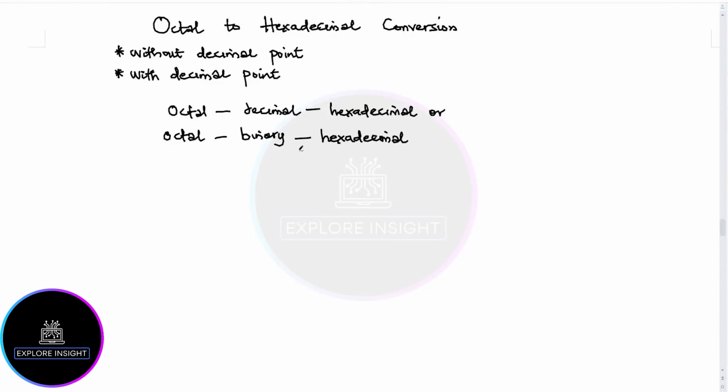Whichever method is okay. However, using the binary mediator is quite easier than considering that of the decimal as a mediator. So let's quickly start with an example.